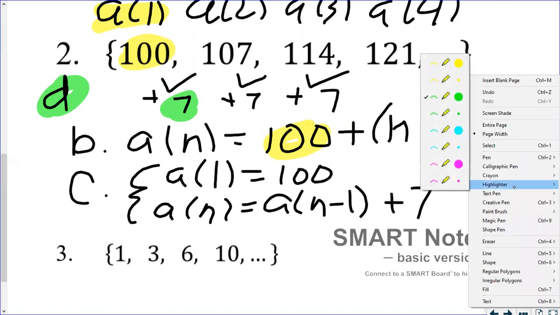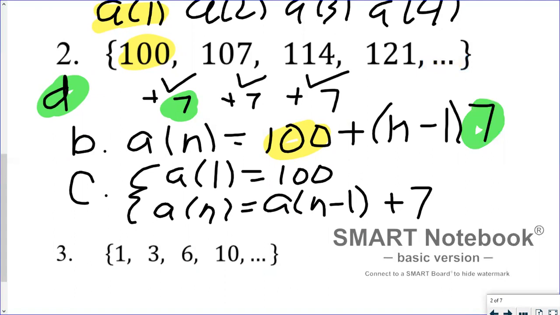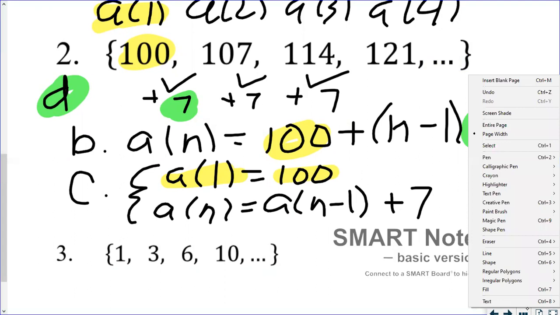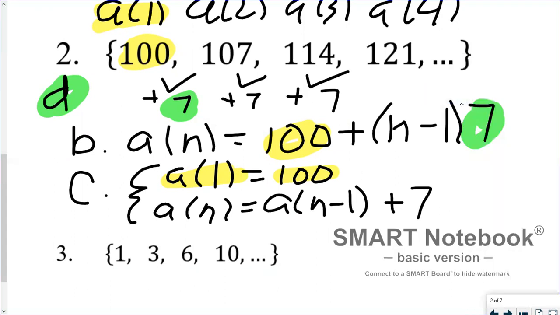And let me highlight this, and we are done. The first term is highlighted in yellow, and the common difference in green. So that's another example of how to write an explicit formula and a recursive function given a list of terms in a sequence.